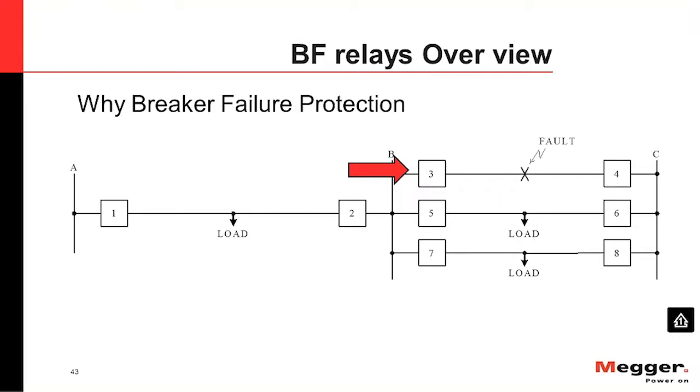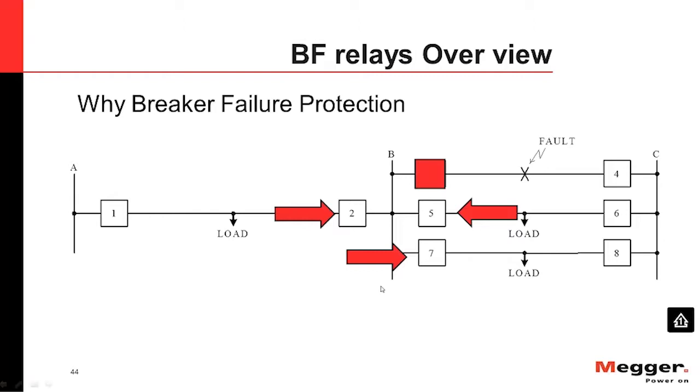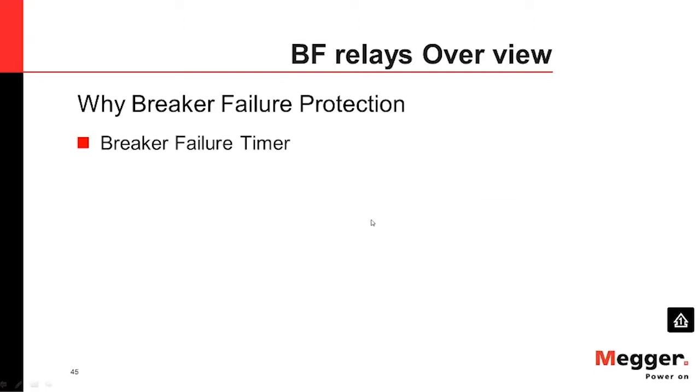After retripping the same breaker and the breaker did not open, it has to go for another thing, which is tripping all surrounding breakers. That is to make sure that all the sources coming through to the fault are open. Means this is not open, we have to open these two plus this. That is all sources to the same breaker. And this is how it works. And suppose that we have a remote, even remote trip will go over there. That's how the breaker failure operates.